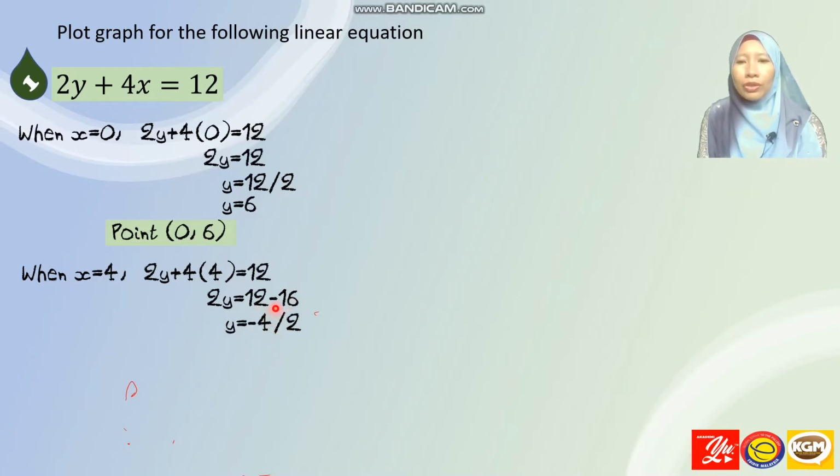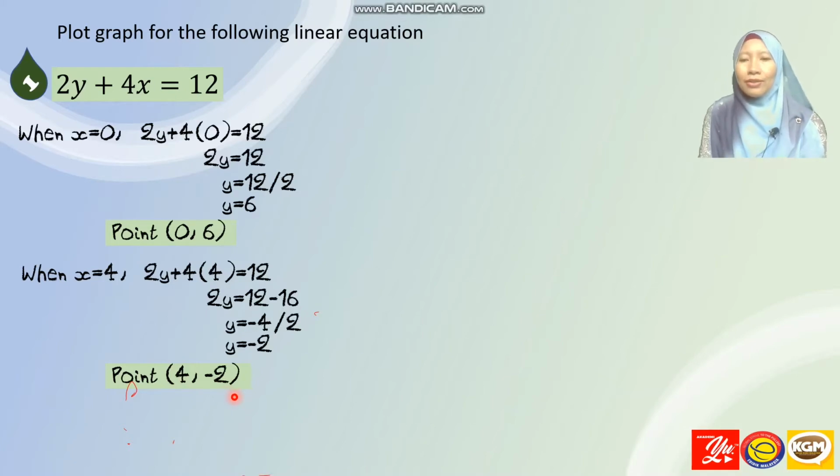So 2y equals negative 4, and the 2 we bring to the right side, becomes divide. Negative 4 divided by 2 is negative 2. So our coordinate is (4, -2).